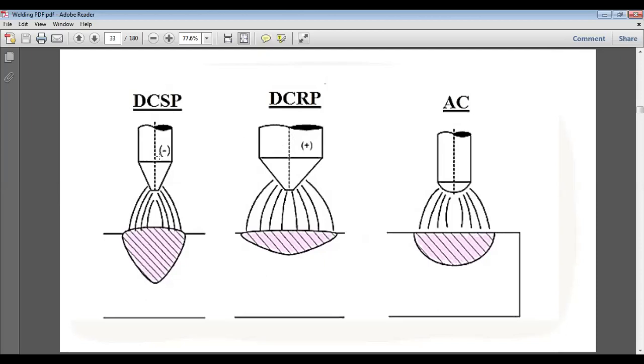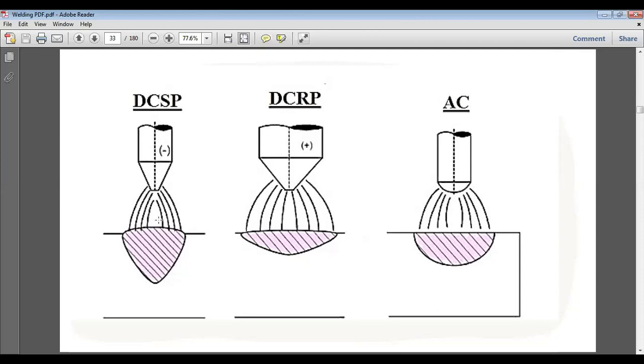In case of DCSP straight polarity, we have a lesser diameter of the electrode because most of the heat is generated at the metal for the joint that is to be welded. So this carries more heat, and the heat is concentrated because of this smaller diameter.